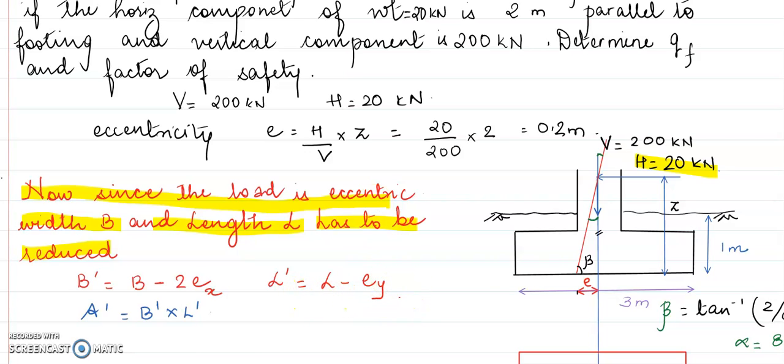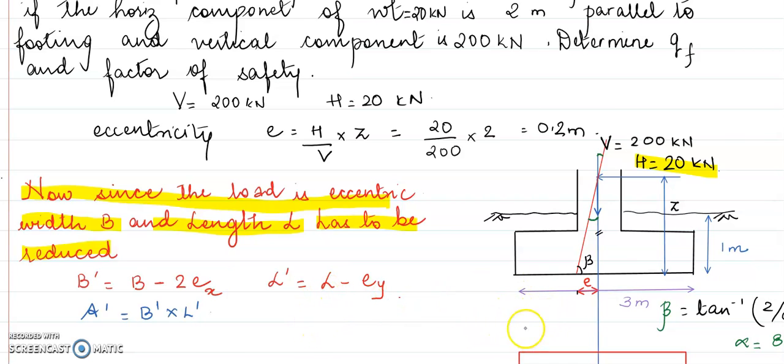This is when it is eccentric about width as well as length. In our case, the load is only eccentric about the y-axis, so this is not applicable for this problem. This is just a generalized statement that I am making.